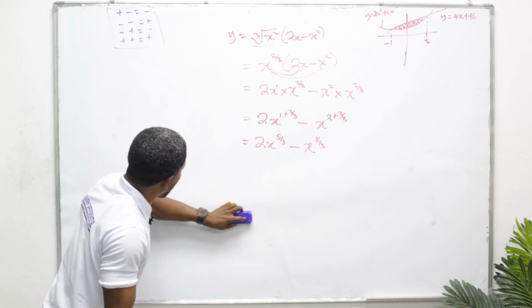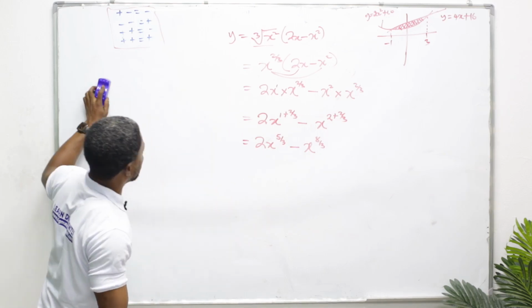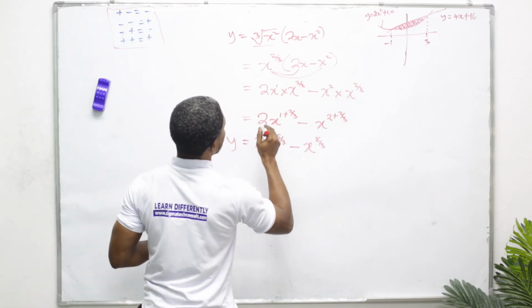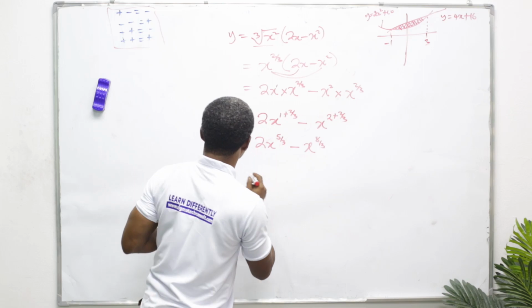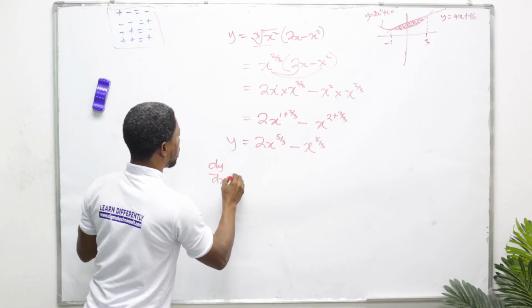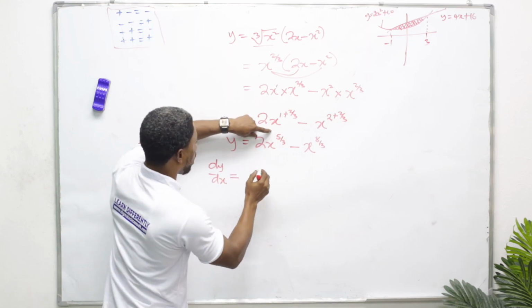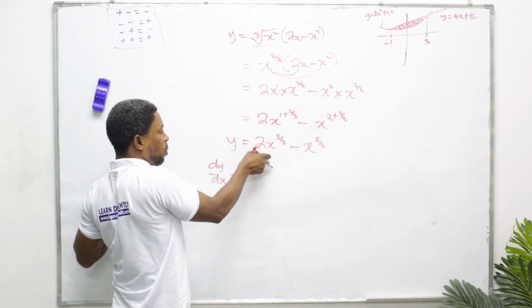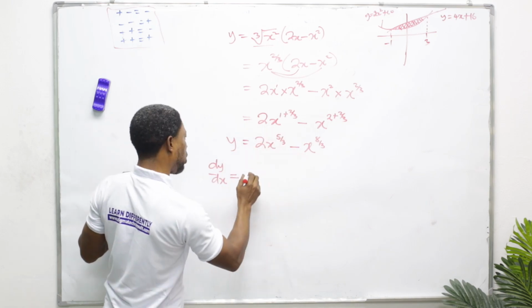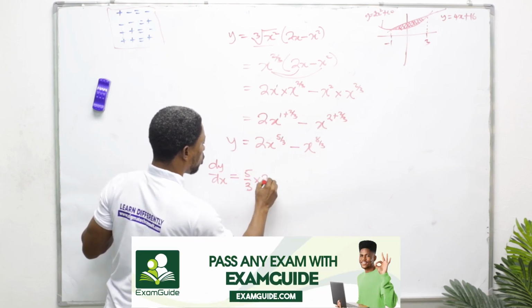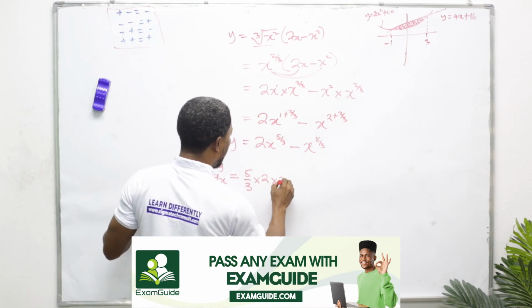So at this point, I will now differentiate this function. So y is equal to this. This is what I have to differentiate. So now dy all over dx: in differentiation, you use the old power to multiply the coefficient of your variable here, 2, let's say 5 divided by 3 times 2, multiplied by your x.